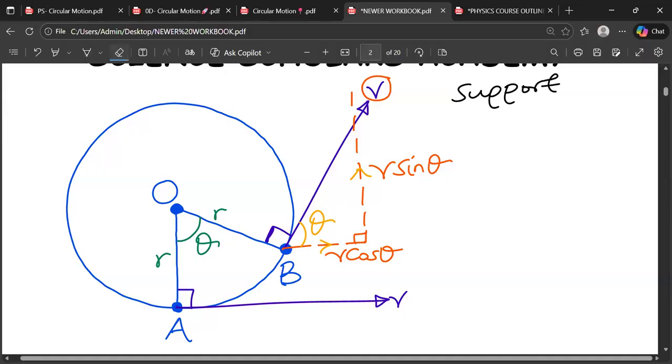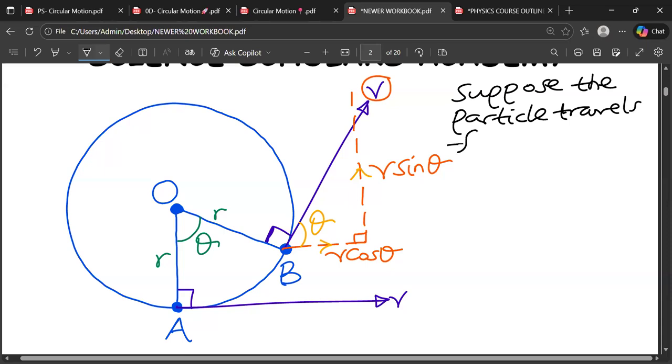So we are going to suppose the particle travels from a point A, from A to B in time t.